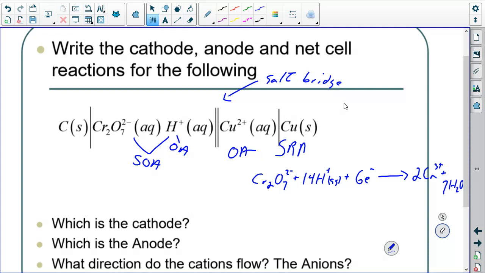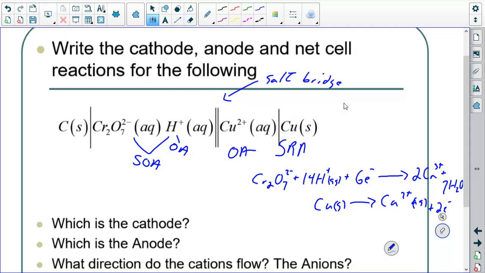And for our copper solid becoming copper 2 plus and 2 electrons. Now, do you have to complete the 5-step process to answer all those questions?